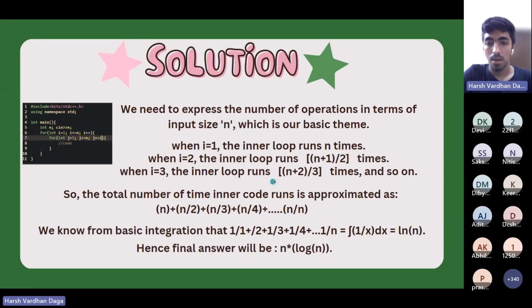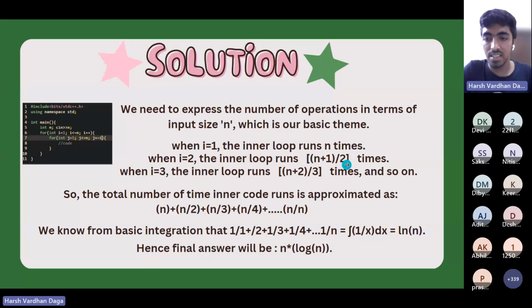Yeah. So the number of times the inner code is run is n plus n by 2 plus n by 3 plus n by 4 plus till n by n. Many of you will have a doubt like how this term came. Once it is clear that the inner loop runs the greatest integer of (n plus 1) upon 2 times when i is 2, you can approximate this as the greatest integer of n by 2, since n is very large and you can ignore 1 with respect to n.